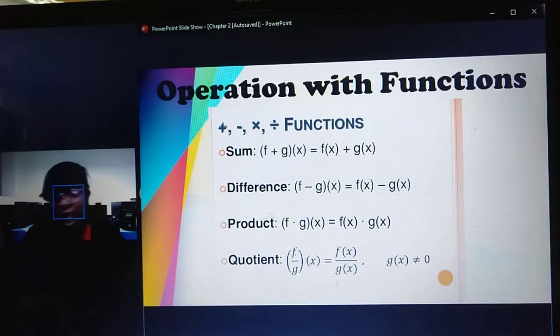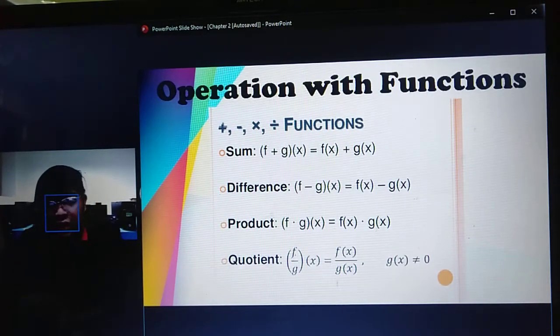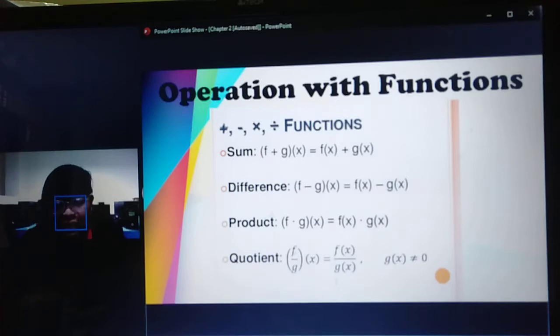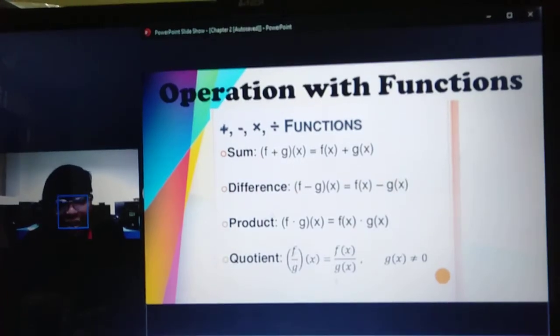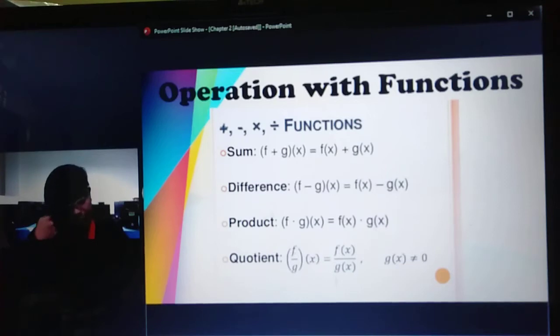So how could we define if it is a function or not a function? By looking at their domain. If the domain is repeated, then the relation is not a function. But if the domain is not repeated, even though the range is repeated many times, then it is a function.